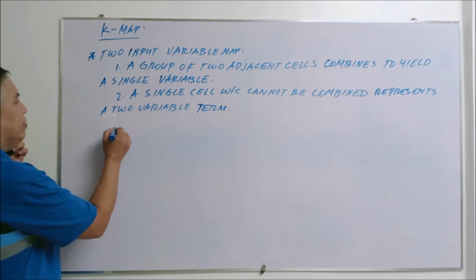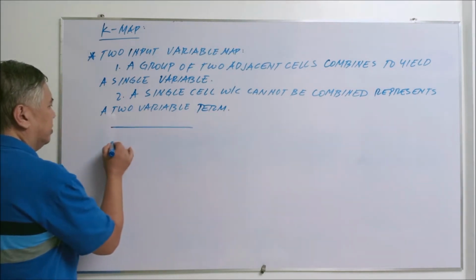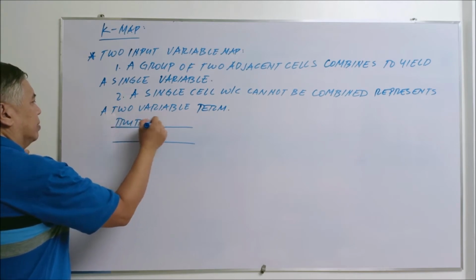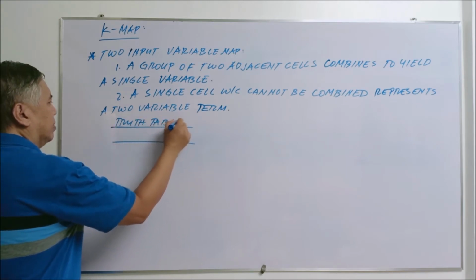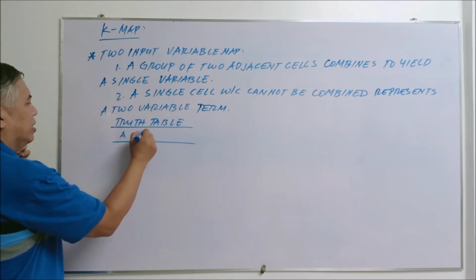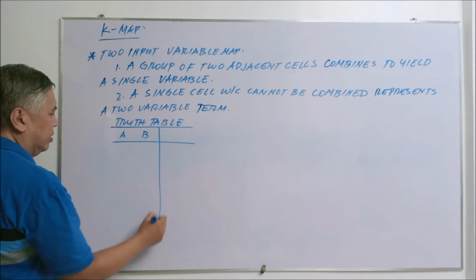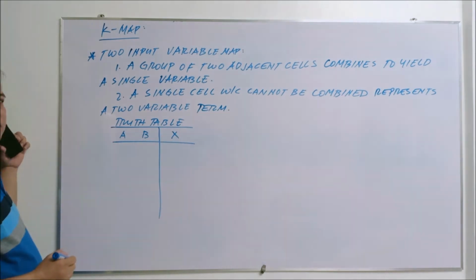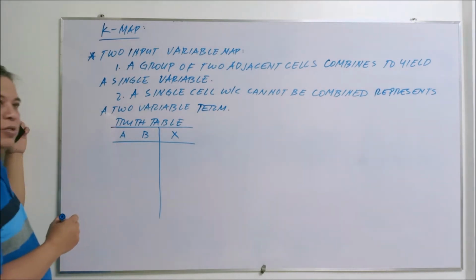Okay, so let's say we have a truth table. We have two inputs represented by A and B, and let's say the output is represented by X. So what are the combinational values of AB?